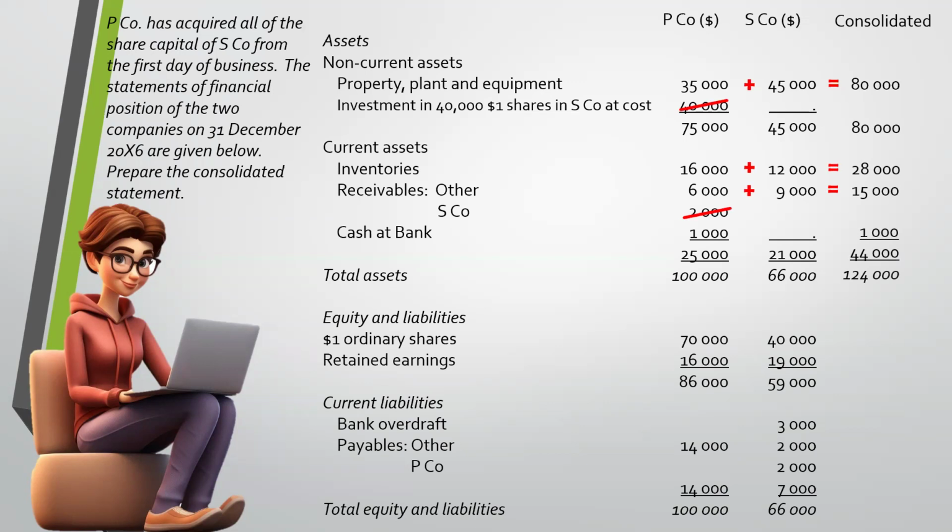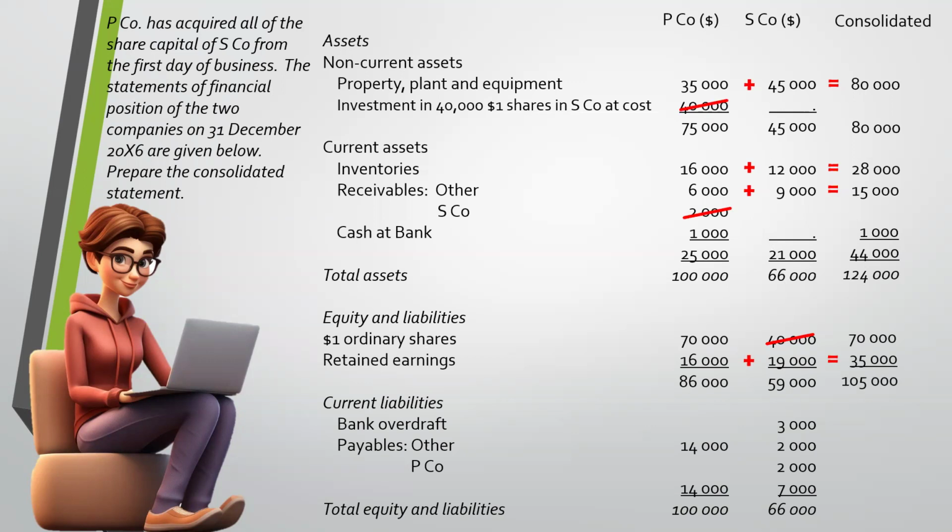We turn to the capital and liabilities. As a consideration for the investment, the capital of the acquired company is cancelled. We only consider the capital of the parent company. Retained earnings are accumulated. But a small note: only the post-acquisition part of the subsidiary's retained earnings must be summarized.